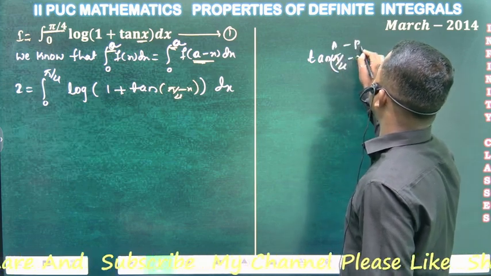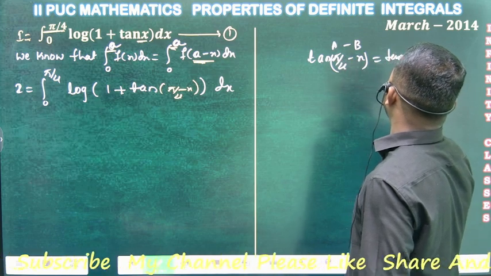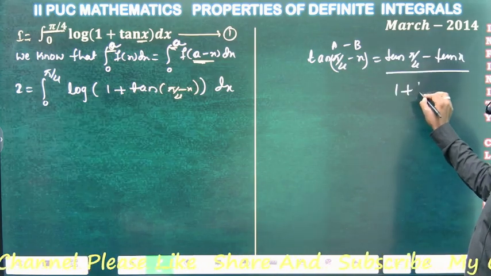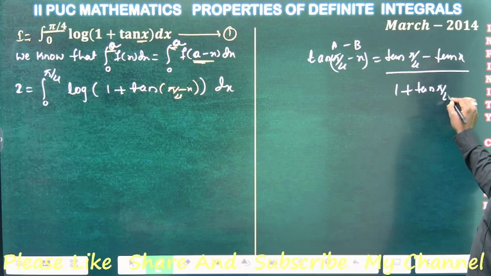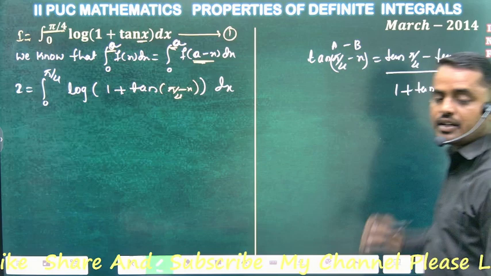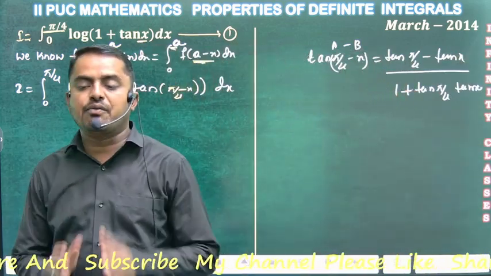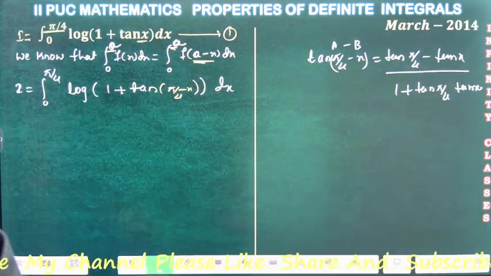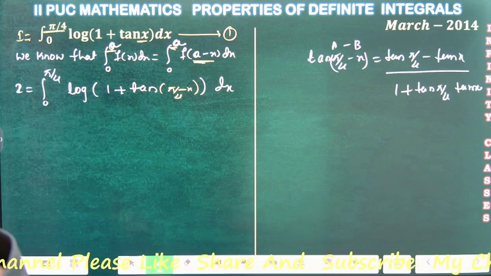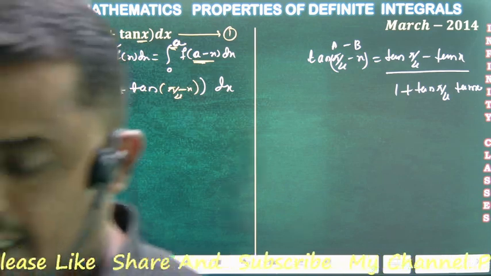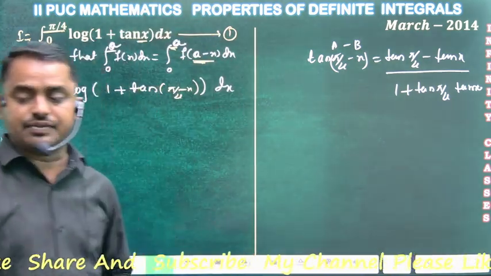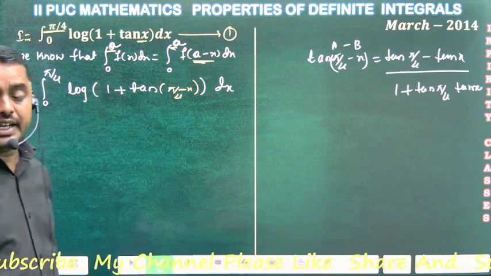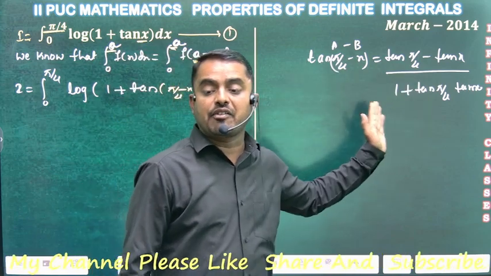Here a is 5/4 and b is x, so tan of a minus b is tan a minus tan b divided by 1 plus tan a tan b.